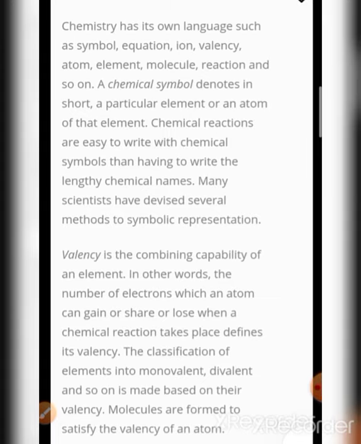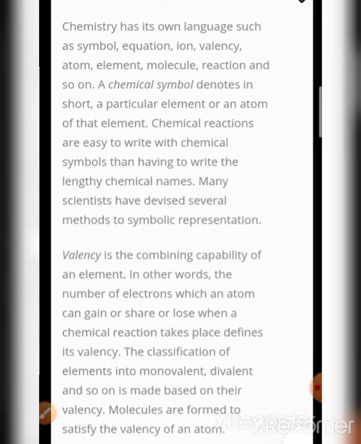These are some names which are used in chemistry, and by these names it is known as the language of chemistry. Language means a representation of chemistry.